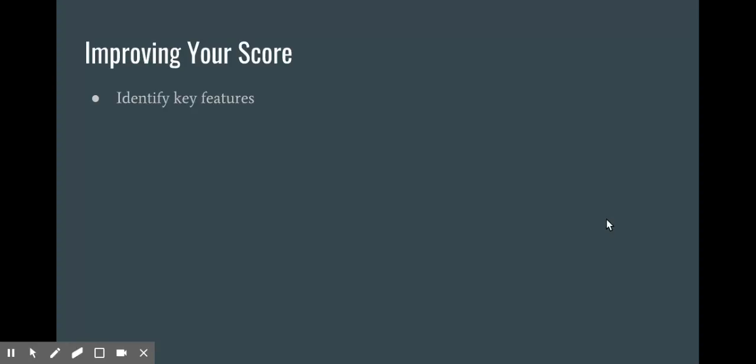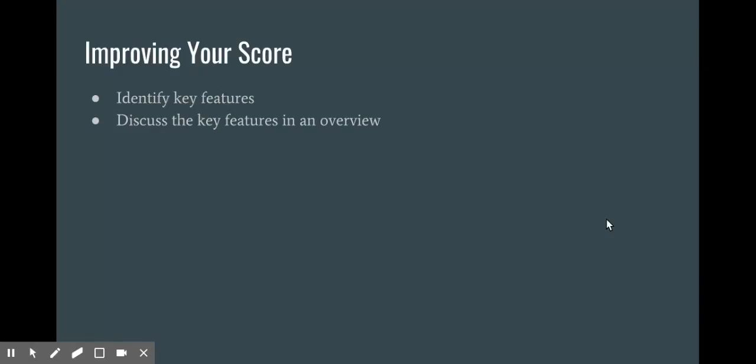So ways to improve your score. Again, these are from last week. You want to make sure you identify the key features. So you want to make sure you're talking about things that matter. And those will be really obvious. We'll go over those. You want to make sure you discuss them in an overview. So you want to make sure that you're essentially telling the examiner what this graph or chart is about.